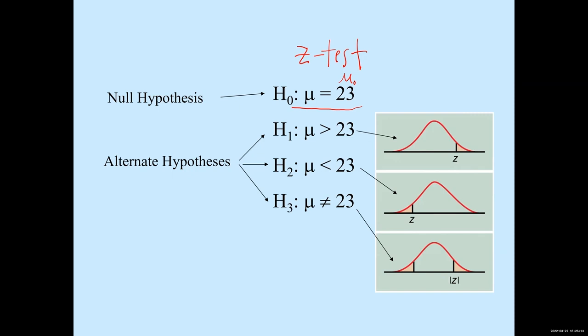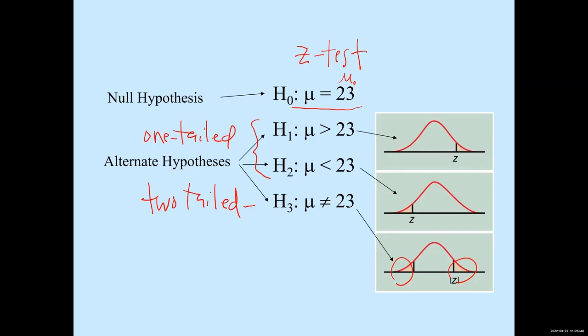So we are going to define these two types of hypotheses where we're only looking at greater than or less than. We're going to call these one-tailed hypotheses, and we're going to call this one two-tailed, right? Because it includes both the tails of the distribution, and the other ones only include one tail of the distribution.